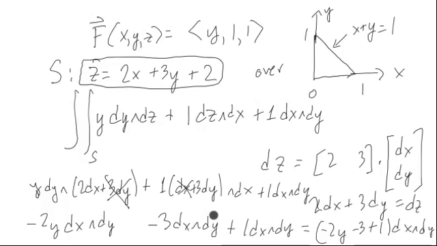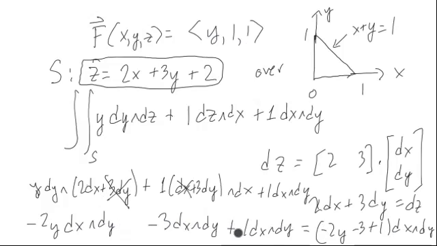Now, before we continue, let's just make one quick note. This is kind of like taking y, 1, 1 and dotting it with negative 2 dx dy, negative 3 dx dy, and 1 dx dy. And we factor out dx dy as a scalar almost.